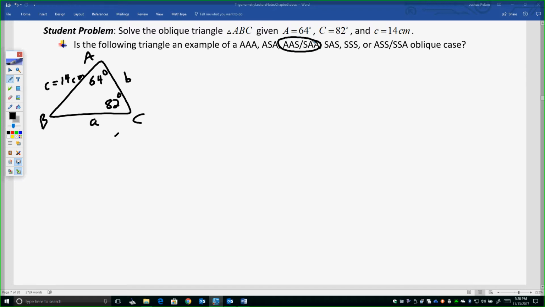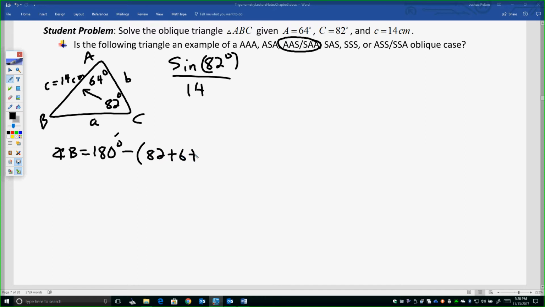Okay, so the only ratio we know here is the ratio of C. So that's the sine of 82 degrees over 14. That is the only ratio we know. If we want angle B, we're going to have to do angle B is 180 minus the 82 plus the 64.